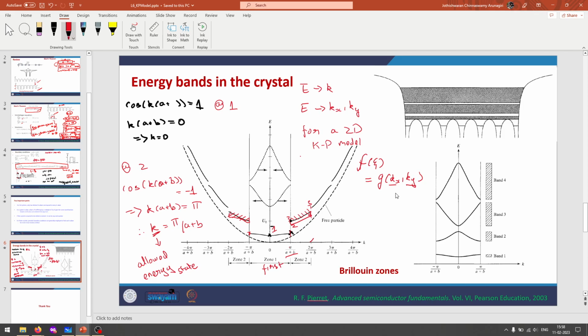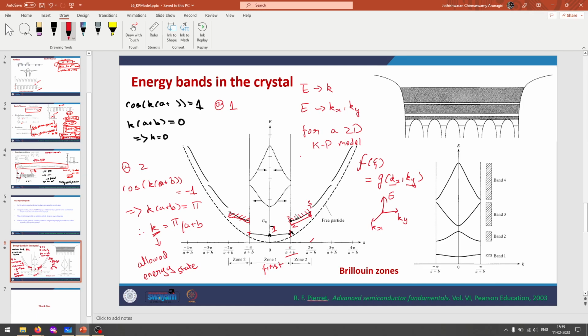When I solve this equation, I will get a solution of kx and a solution of ky. So when I'm plotting that solution in a graph like this, my x-axis, which was originally the k value, will now be replaced by a plane. I will have kx and ky, and the newly defined z-axis will have the allowed E values.